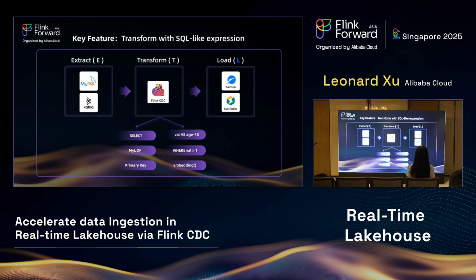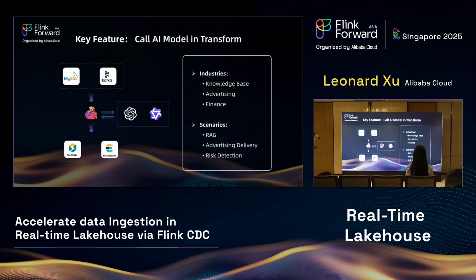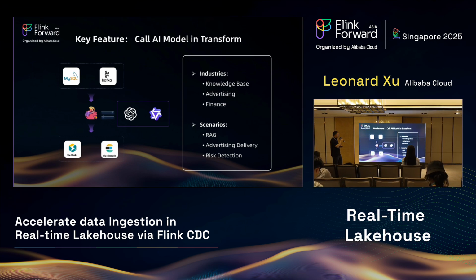And we also support embedding. What is embedding? Embedding means we support calling an AI model in transform. AI is so popular, and Flink is a real-time processing engine. In Flink CDC, we support calling an AI model in transform, and we support OpenAI's popular models.